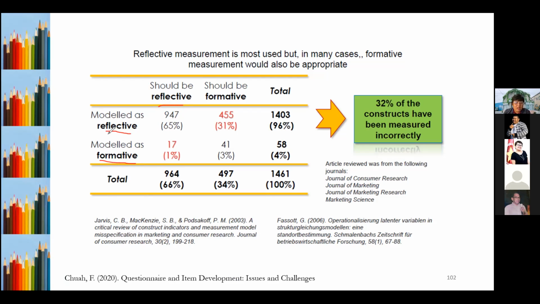There are also times they were modeled as reflective but should have been formative. The tendency then is that our conclusion is wrong because our measurement is wrong. So from the onset, we must be clear whether our construct is formatively measured or reflectively measured.